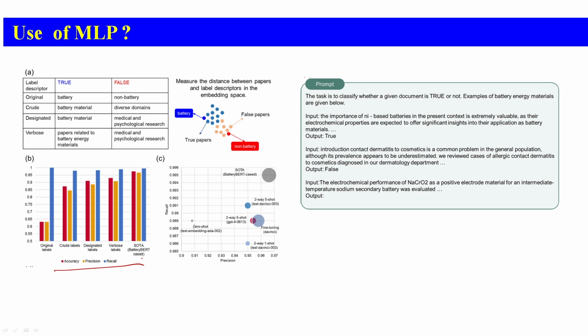That is false, it is not a battery problem. Let us take another: electrochemical performance of NCrO2 as a positive electrode material for intermediate temperature sodium secondary batteries was evaluated. This is correct. So, this kind of classification the computer, the machine, has to do. That is the idea of NLP.